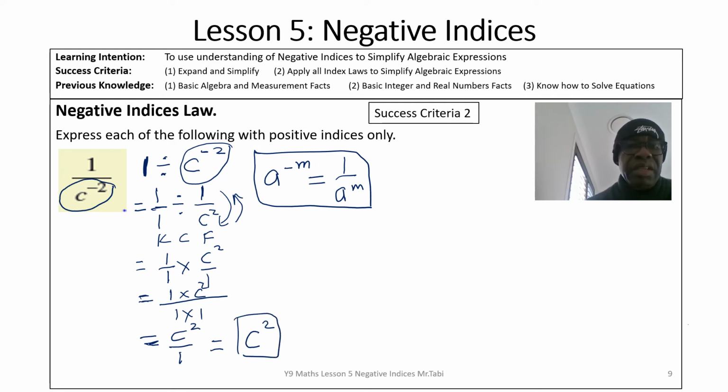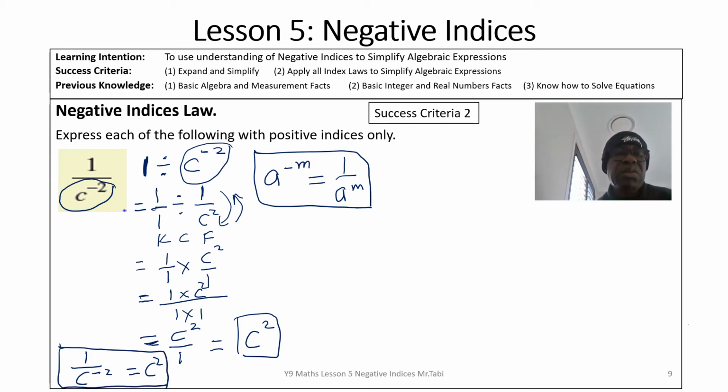So what I can say is that 1 over c to the power minus 2 is simply equal to c squared.